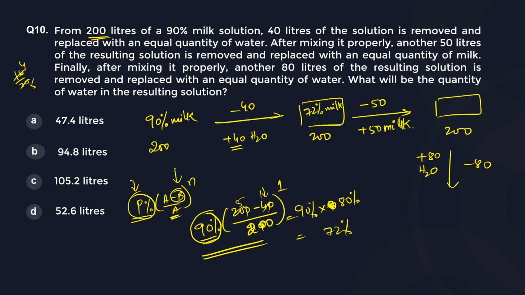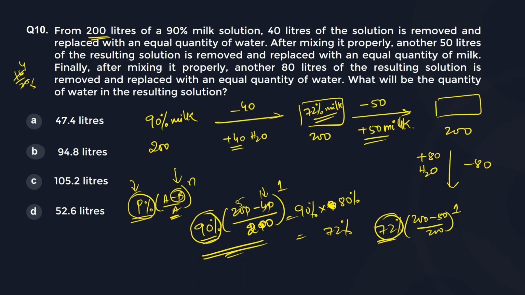Obviously, when you're adding water to a concentrated milk, it will become dilute. Now I can't apply the same formula. Why? Because if I write 72% into 200 minus 50 by 200 to the power of 1, the problem is milk is coming back and I'm also having this 72% milk. So if I'm writing this 72%, I can't have milk coming back.